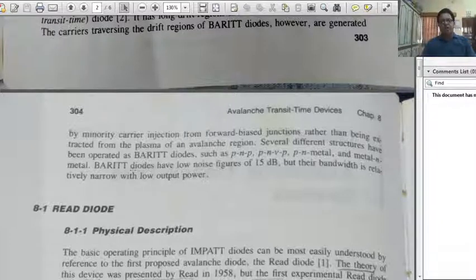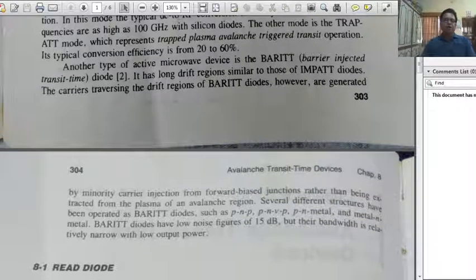That is another property of the BARITT diode. But their bandwidth is relatively narrow and the output power is low.